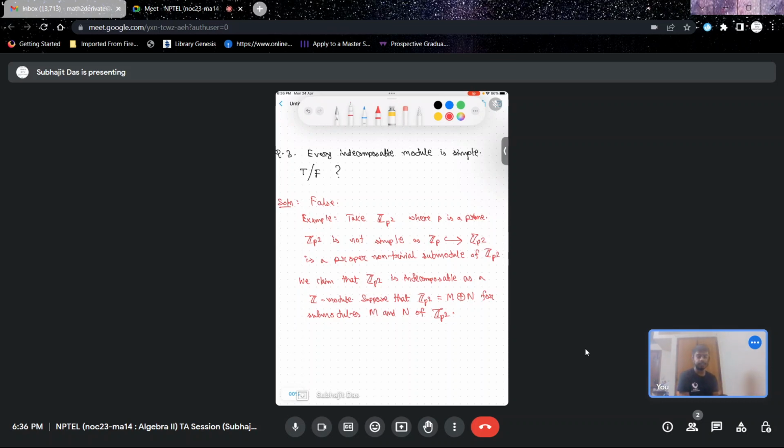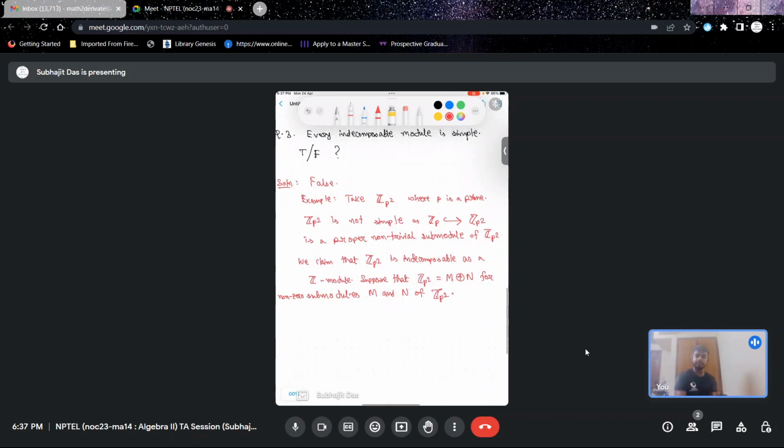So M and N are submodules of Zp square, right? In order to show that it's indecomposable, we suppose on the contrary that it's decomposable, and write Zp square as M direct sum N for non-zero submodules M and N of Zp square, right?